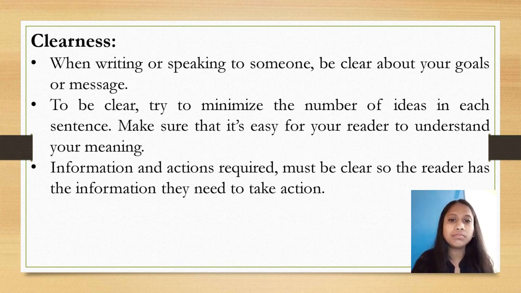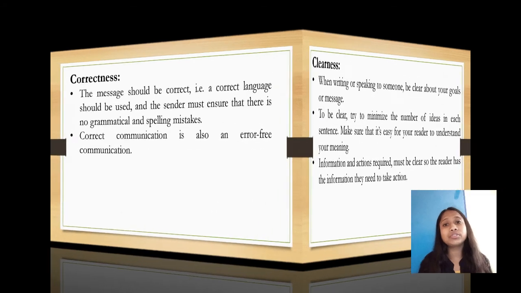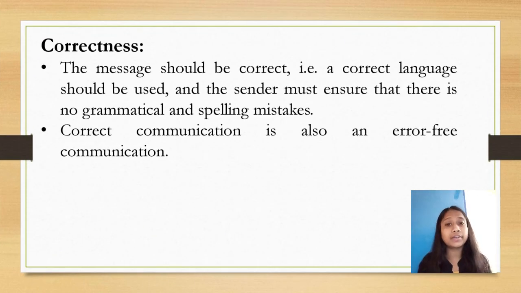Now comes the correctness. The message should be correct. That is, correct language should be used, and the sender must ensure that there are no grammatical or spelling mistakes. Correct communication is also an error-free communication. So here, you as a speaker need to ensure that you do not use any abusive language or words that are not accepted in society.